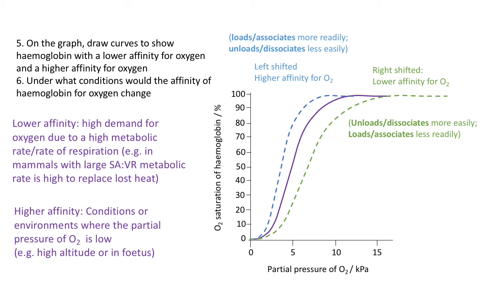So you'll see the curve more shifted to the right for animals that have a high metabolic rate, have a high oxygen demand, and left shifted for conditions where oxygen partial pressure is low, such as high altitude or in the fetus.